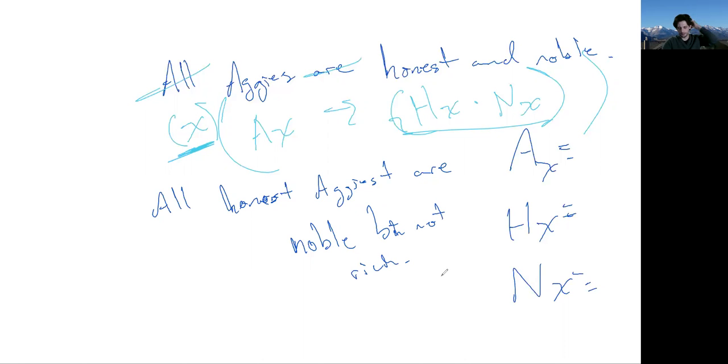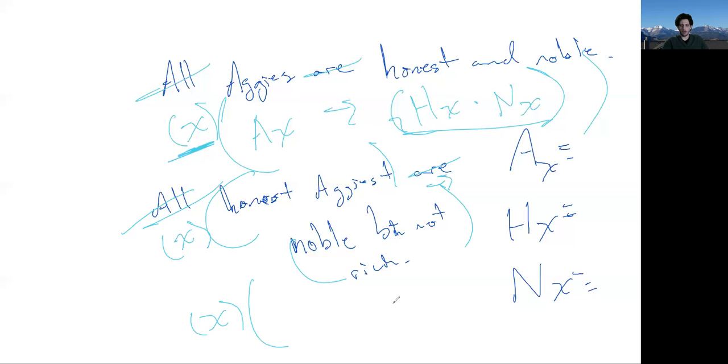Why not? So let's break it down the same way. All is just going to be our universal. R, again, is just our copula. You're saying if you're doing this stuff, then you get to do this stuff. So that's the sentence: for all, if you do the left side, then you get the right side.